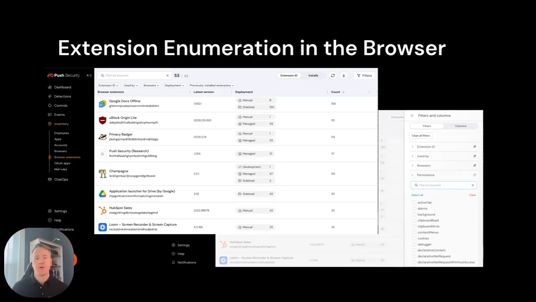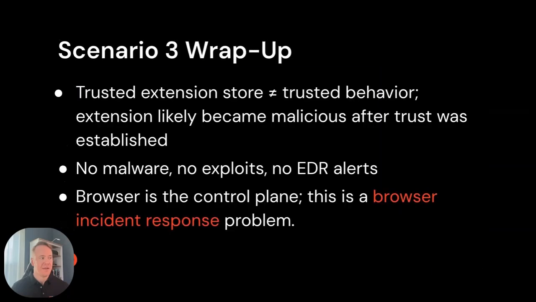And for each extension, what permissions does it require? Has it requested? How many of your users are using this extension? So we have a one-stop shop because we're sitting right there in the browser, where you can get answers to all of these questions without having to act on supposition, assumptions, inference.